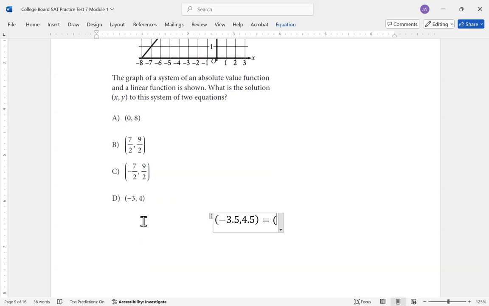If you do the improper fraction version, it'd be negative 7 over 2, comma, 9 over 2. So negative 7 over 2, comma, 9 over 2 is the answer. That's answer C. Negative 7 halves, comma, 9 halves. So C is what we get as our answer.